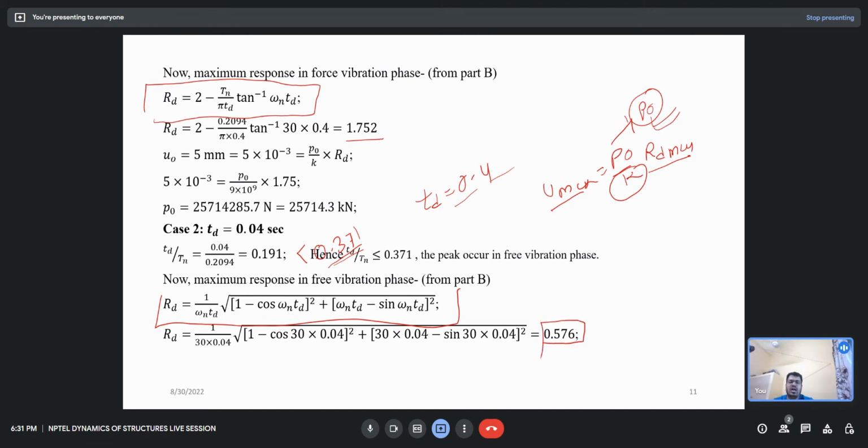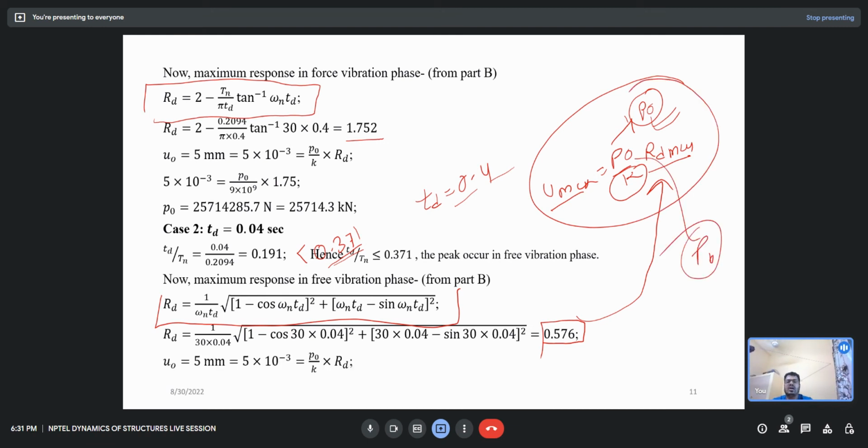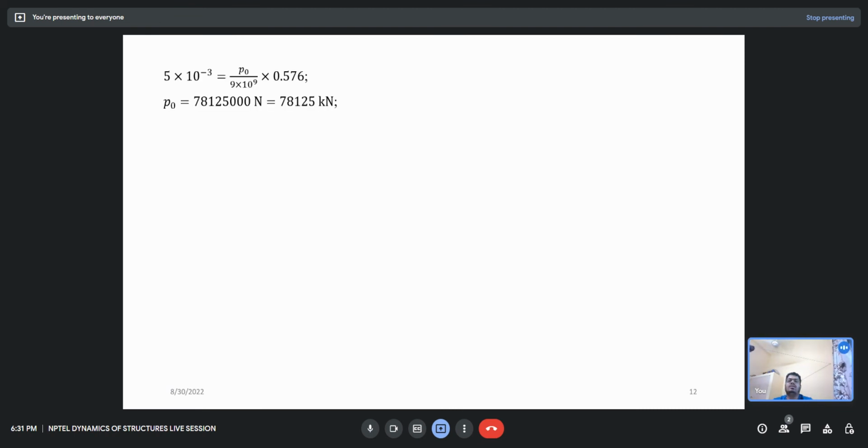Now I have Rd and I have U maximum, the same thing applies here, and you will get your P naught for the second case. 5 mm divided by 1000 converts it into meters, so that comes out to P naught by K into Rd. So P naught is 78,125 kilonewton.